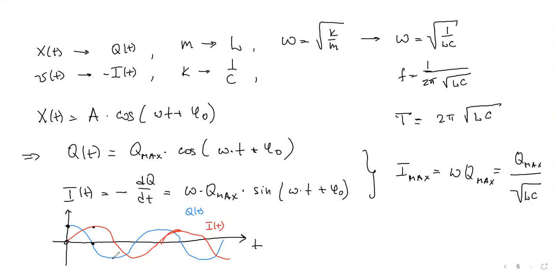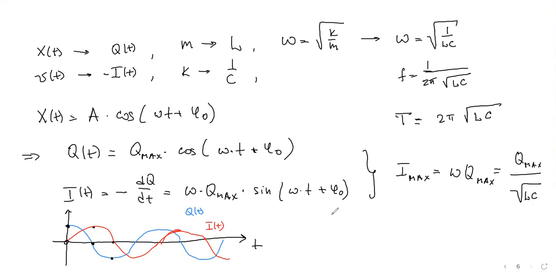And you can charge it to maximum charge. At this point, the current will die. And then you start the discharging process again, but with different polarity. Then the capacitor will start to discharge and the current will start to grow, but that would be current in a different direction.